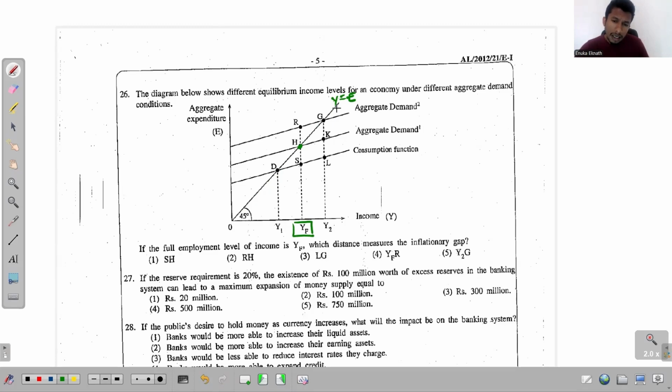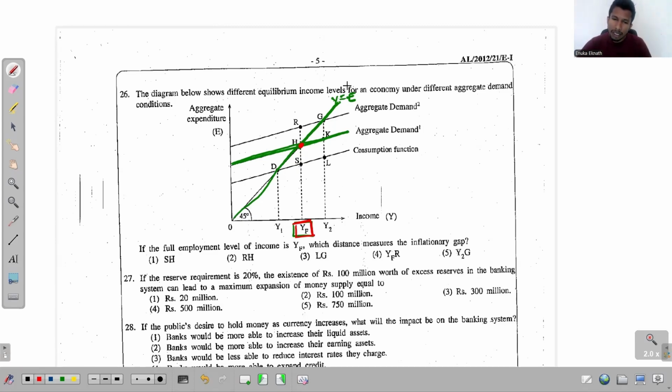And then when Y becomes equal to the aggregate expenditure, if not aggregate demand, so that is the relevant demand curve, and this is the Y equals E curve. And on this side, we say the aggregate demand curve, if not the aggregate expenditure. So at this point, what happens? The economy achieves this full employment level of national income, and that is given to us as YF.